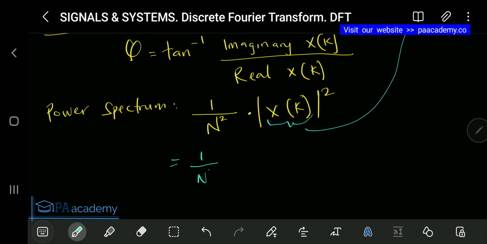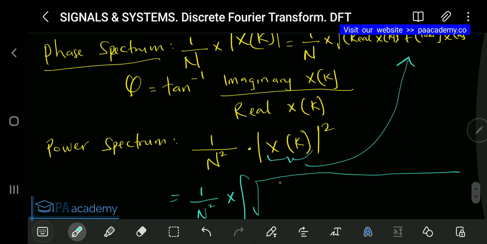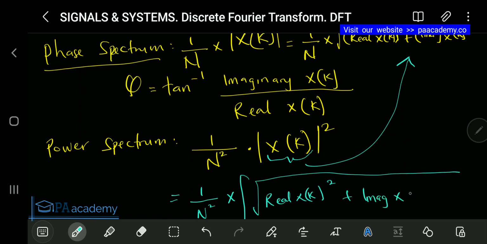You can also rewrite it as 1 over N squared multiplied by the square root of the real part of x of k, all squared, plus the imaginary part of x of k, all squared.